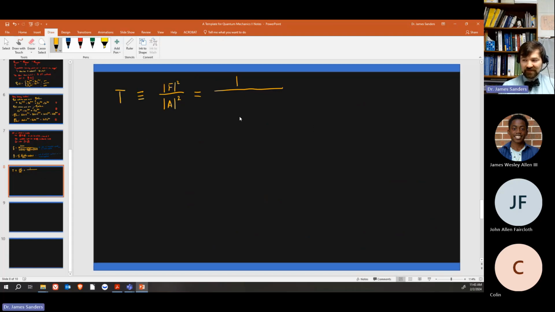So this ends up being 1 over 1 plus ((k1 squared minus k2 squared) over 4 k1 k2) squared, whoops, we'll just put a big square over this term, times sine squared of 2 k2 a.